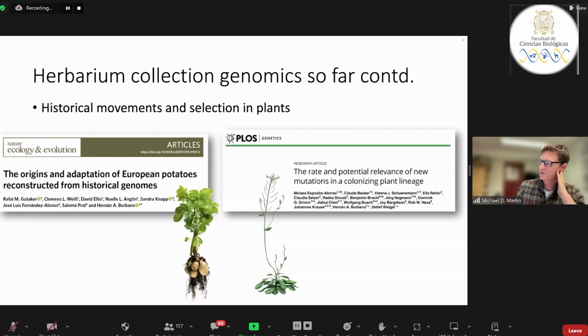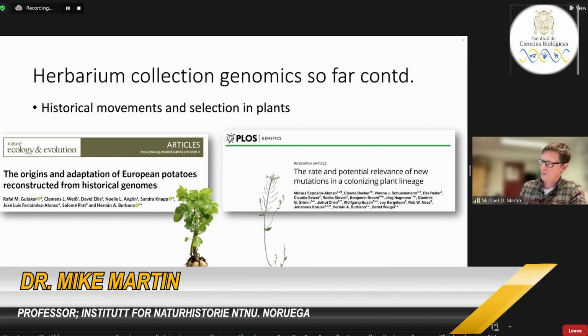He has been working on historic potato specimens, so the history of the introduction of potato to Europe and the adaptation of the potato genome to European climate, which has been a really interesting story to follow, as well as the introduction of Arabidopsis lineages or populations from Europe into North America. And using those herbarium specimens to track the rate of mutation accumulation over time.